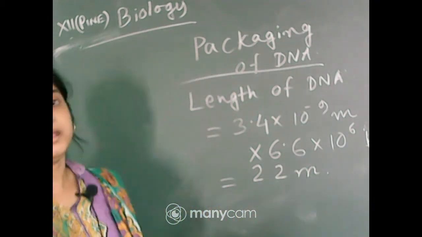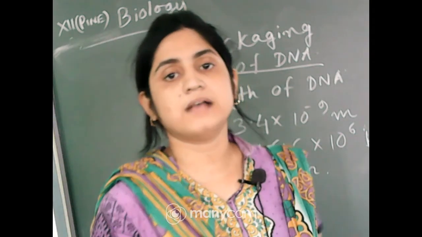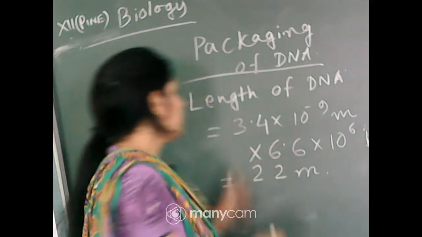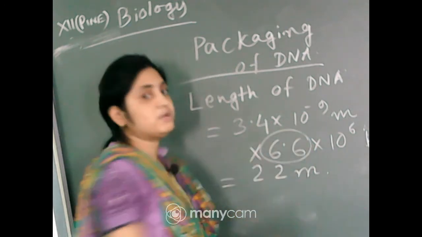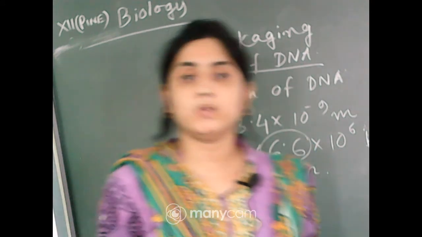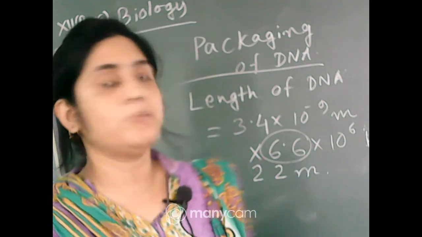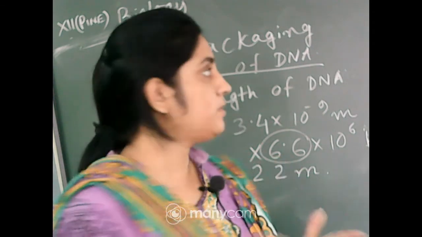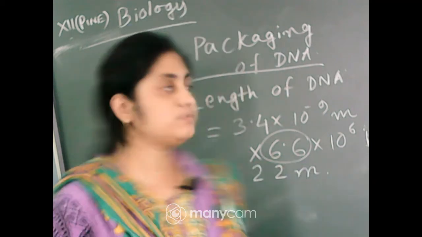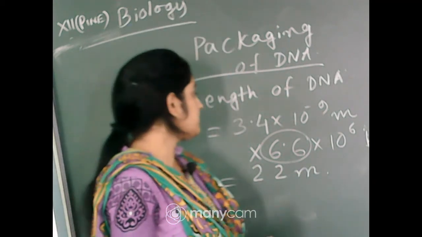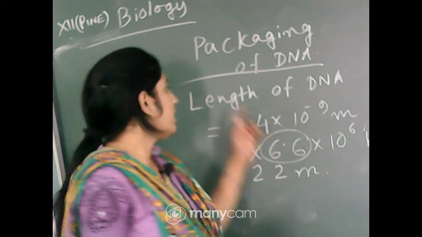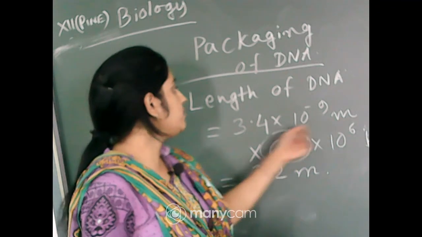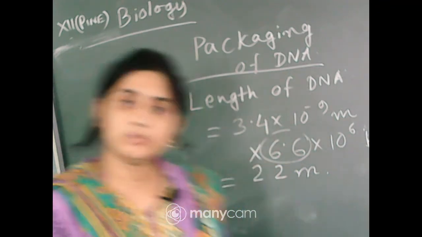So, if anyone asks what is the length of a double helix DNA, then it will be 6.6, because 3.3 is the haploid number of base pairs, but when it is the double helix DNA, it is 6.6 into 10 to the power 9 base pair, into the distance between two base pairs, 3.4 into 10 to the power minus 9, okay.